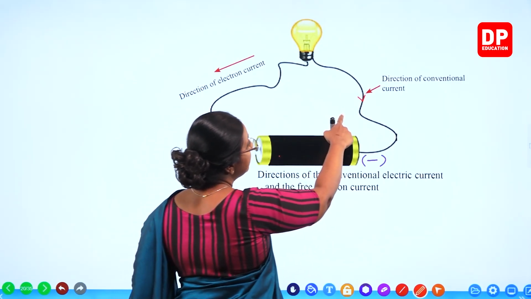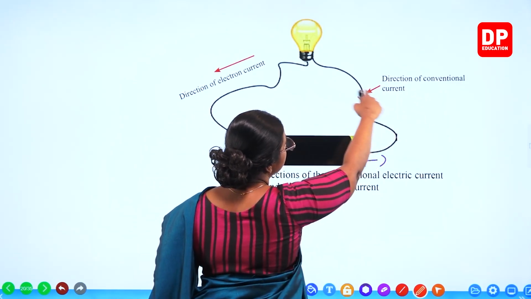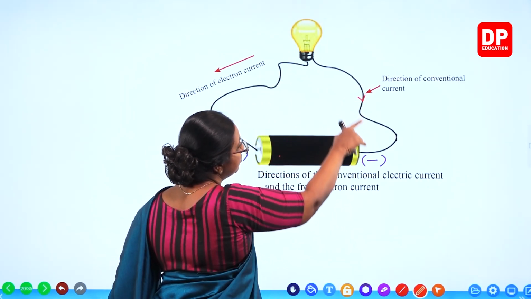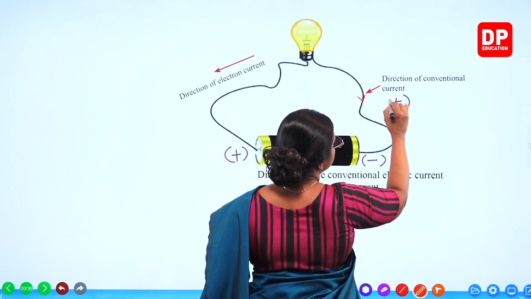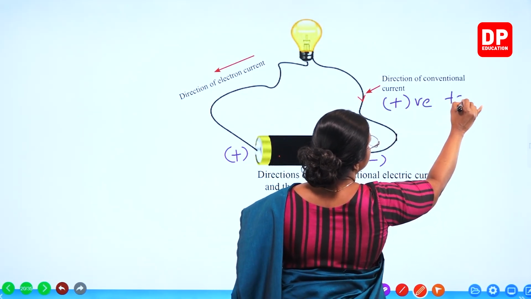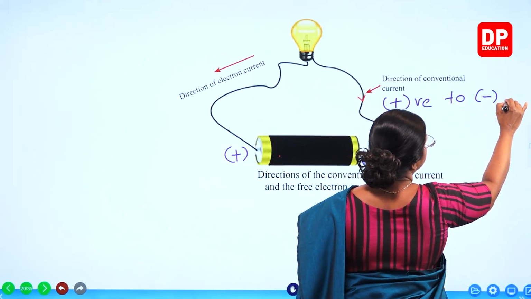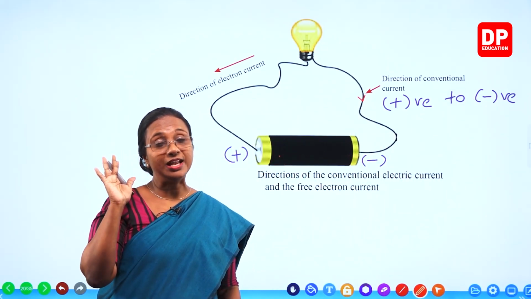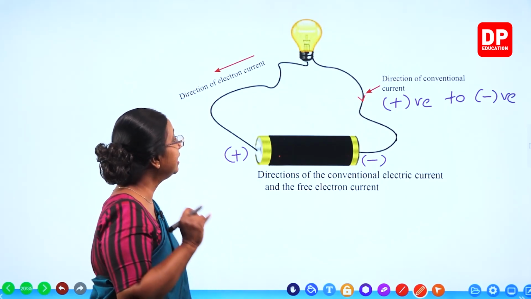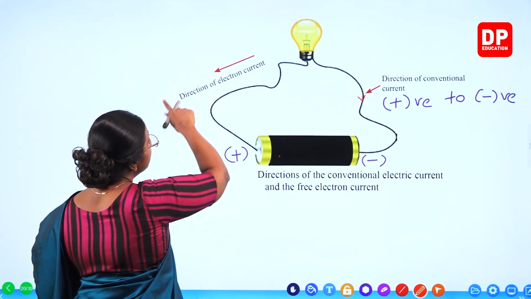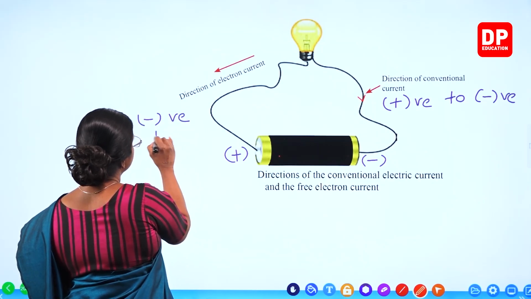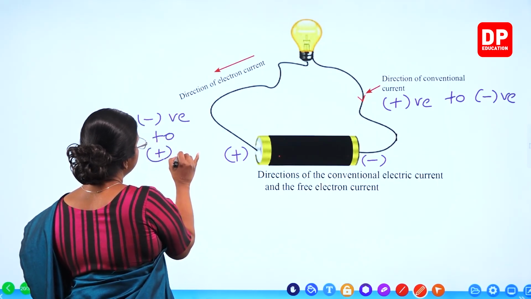So you can see here the direction of conventional current is towards this side, that is from positive to negative. I am writing it again and again, students, so that you will remember very clearly. Whereas the direction of electron flow is from negative to positive terminal.